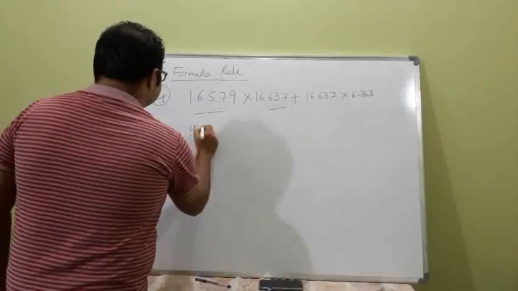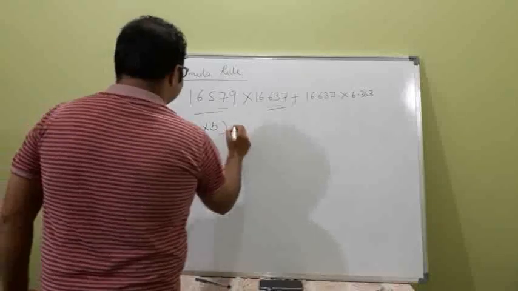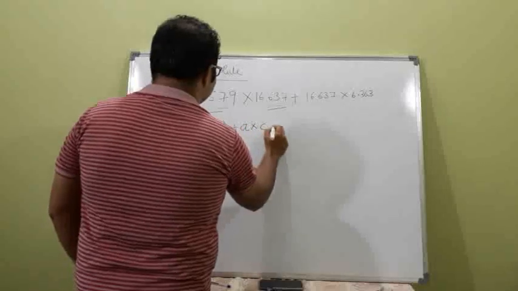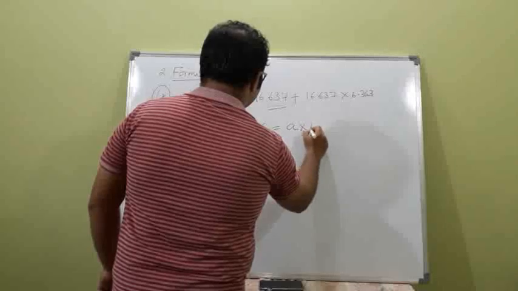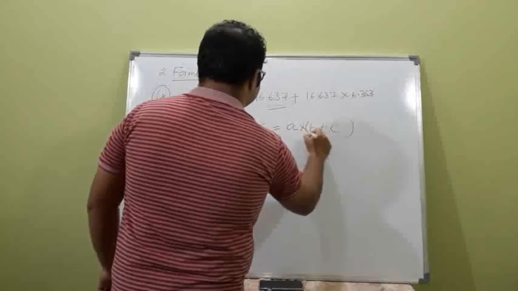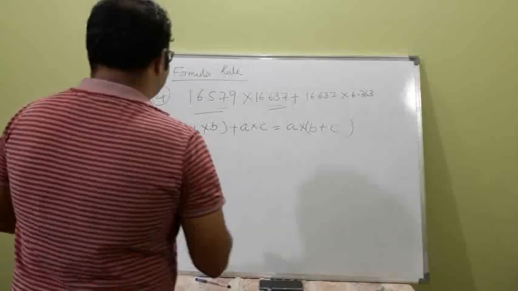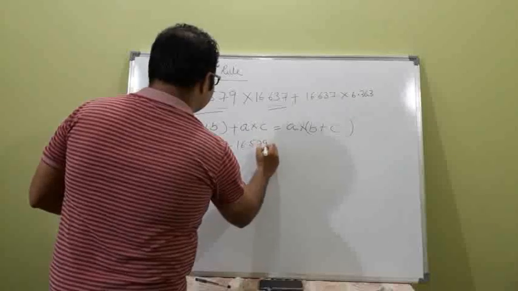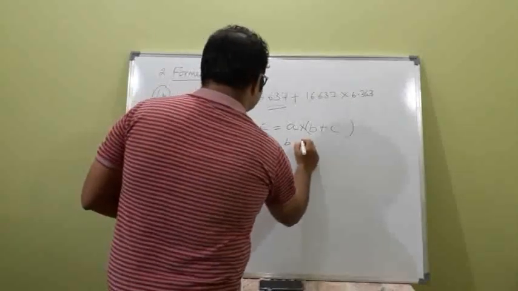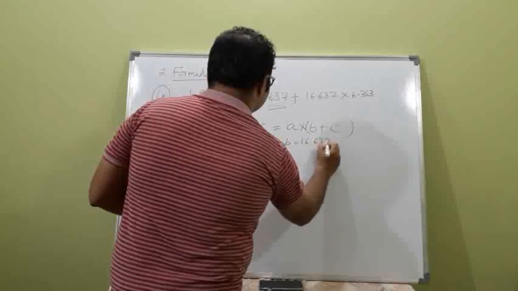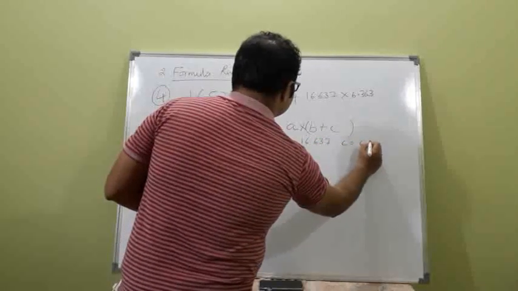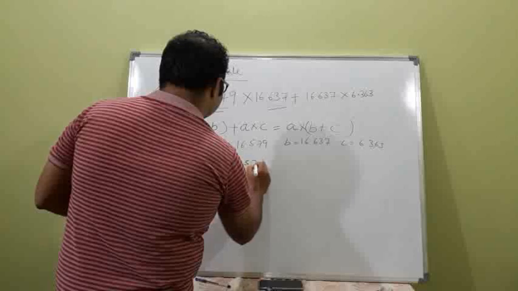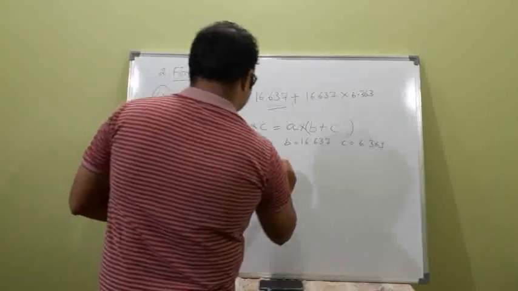So a into b plus a into c is equal to a into (b plus c). Here a is 16.637, b is 16.579, c is 6.363. So first factor 16.579 into 16.